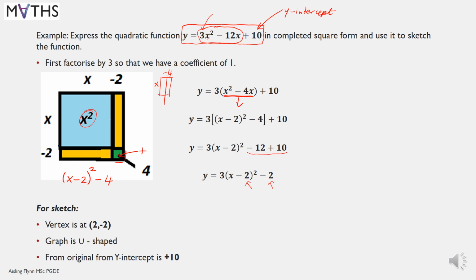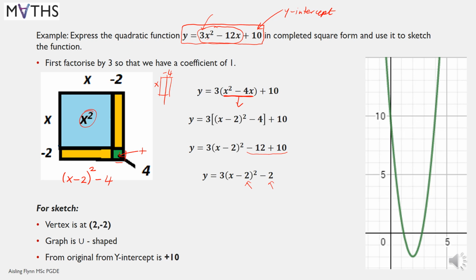And also by the value of 3, I know this graph is going to be quite narrow, okay? And that's what we get there. So for the sketching, I would have first marked the vertex. Oh, there's the y-intercept actually came first there at 10, and the vertex is down at 2 minus 2, and we'd be able to sketch there a narrow U-shaped graph.